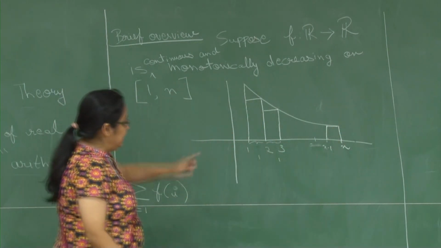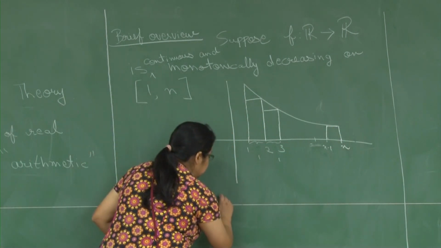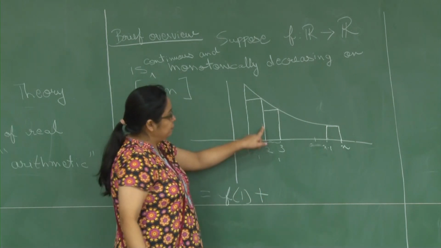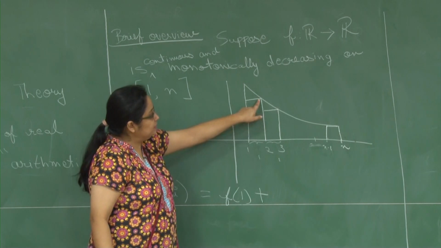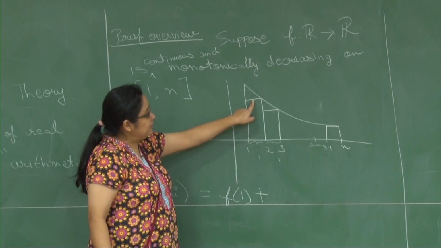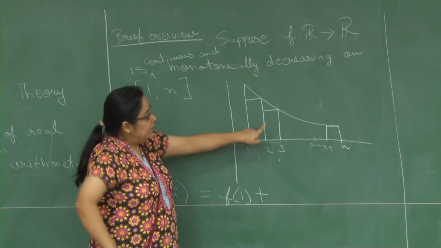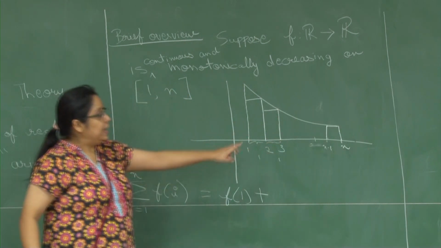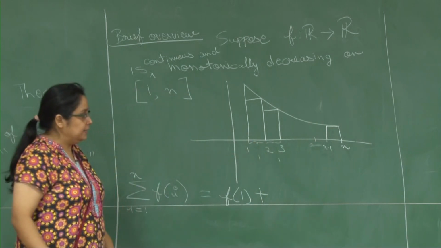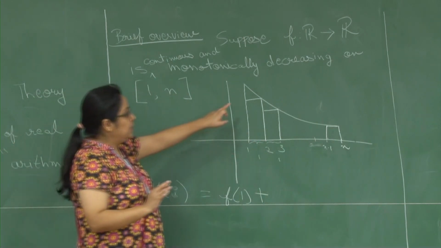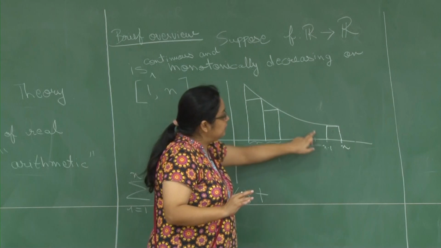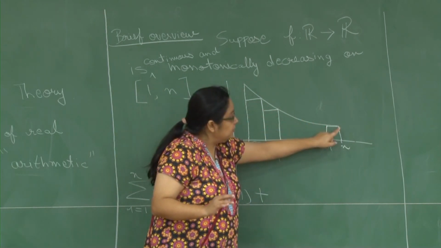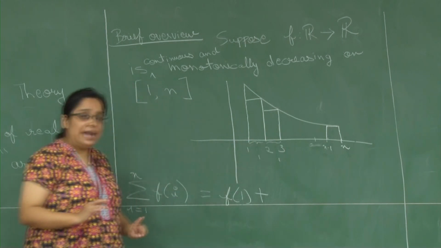So, what is happening is you can write this as f of 1 plus f of 2. So, what is f of 2? f of 2 is f of 2 times 1, which is the area of this rectangle. f of 3 is the area of the next rectangle, and so on and so forth until you hit the last rectangle, and you observe that the sums of the areas of these rectangles is certainly less than the area under this curve from 1 to n.